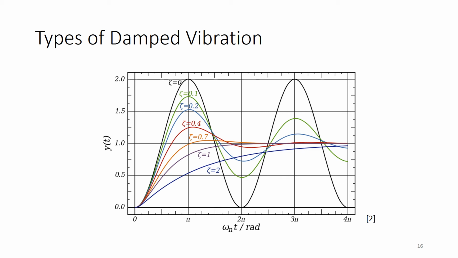Zeta equal to 1 is critically damped vibration. You can see it goes very quickly to y of t equal to 1. And for zeta equal to 2, this is overdamped. You can see that it takes time to get to its steady state value.